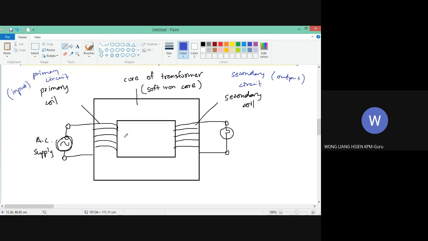Now, how is it that the electrical energy from the primary coil can go to the secondary coil? When we turn on the alternating current supply, current will flow in the primary coil. When current flows in the primary coil, it will produce magnetic flux.